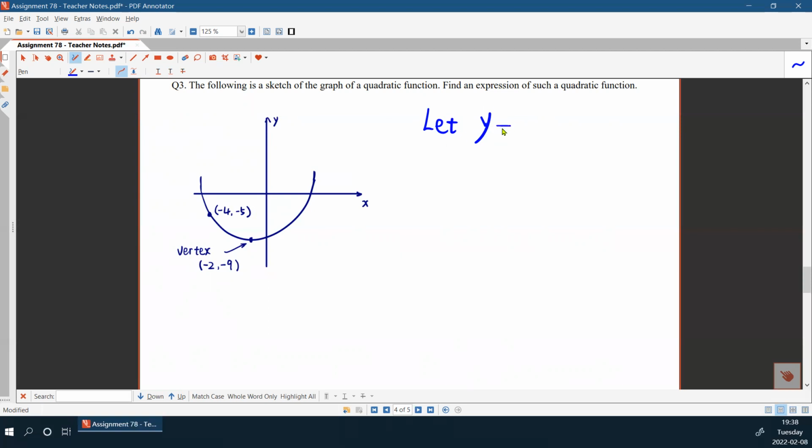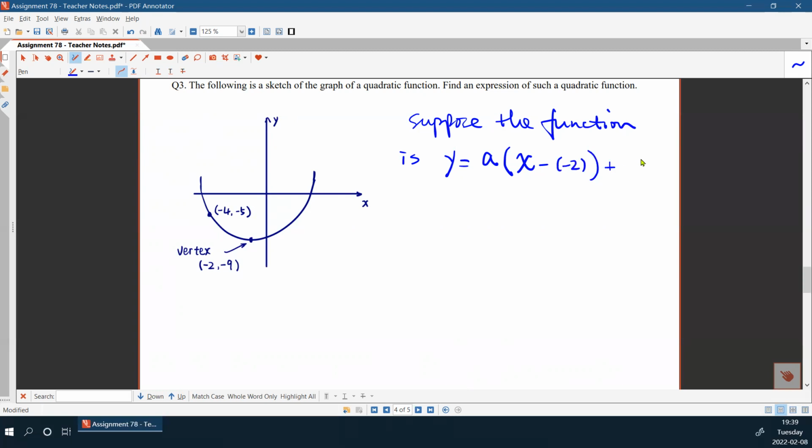So suppose the function is y equals, what is the vertex form? Vertex form is y equals a, which is the leading coefficient, right? Times x minus h, right? H is the x coordinate of the vertex, so x minus -2.